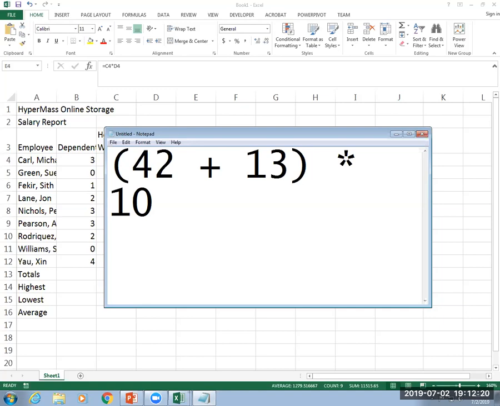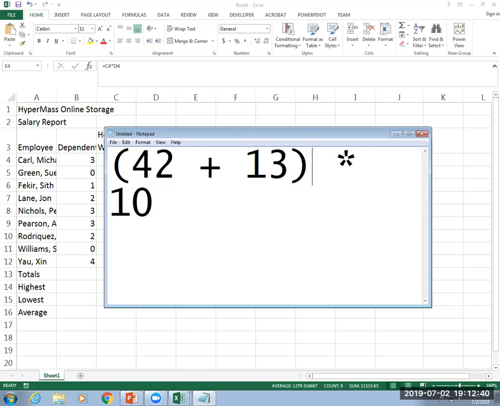I'll put in parentheses where I don't really need them, because I want to make sure that Excel calculates things the way that I meant Excel to calculate them. So I would encourage you to overuse parentheses.